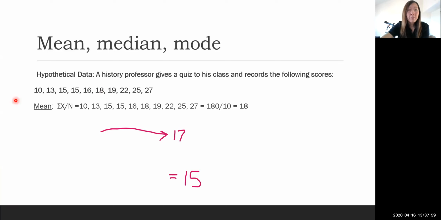Okay, so for my mean, I have the sum of the X scores, divided by N. So I've just added all of these up, okay? And so I get 180 divided by 10, which is the number of scores. And so my mean is 18.